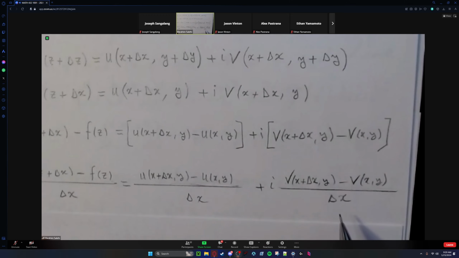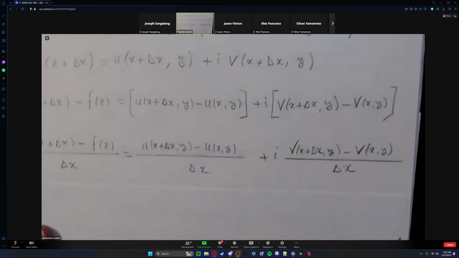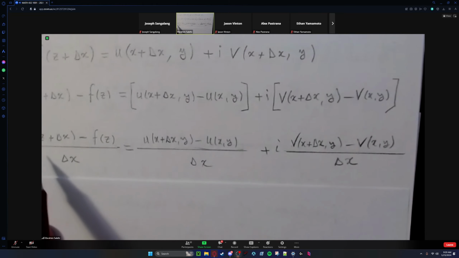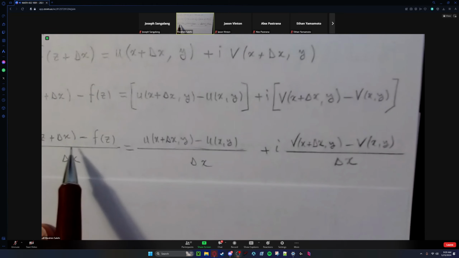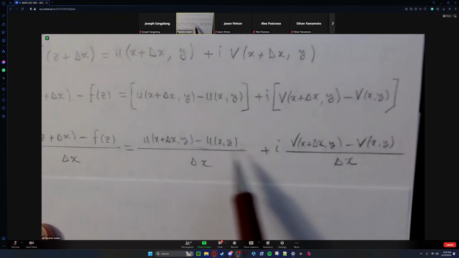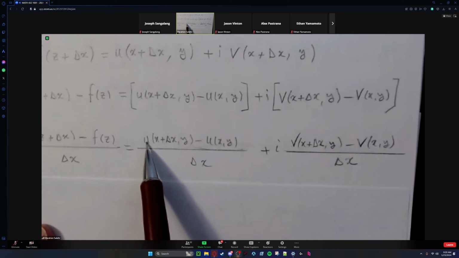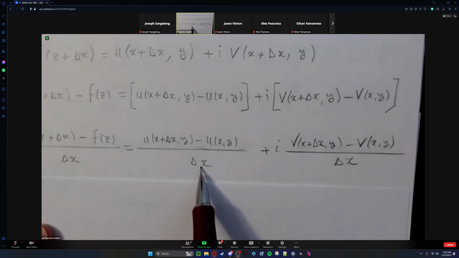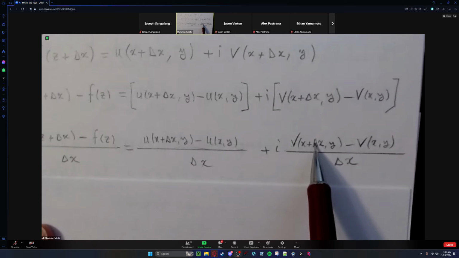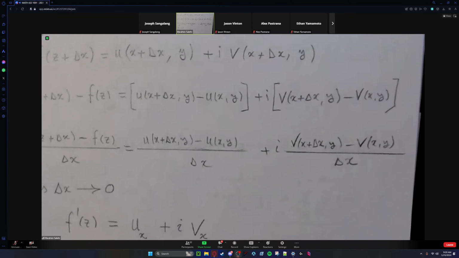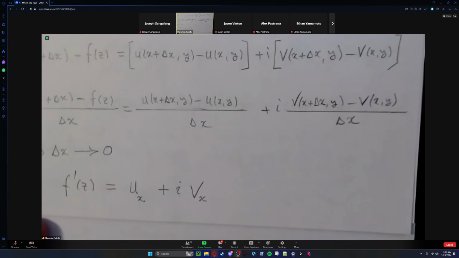So, since the derivative exists, I know that the limit here will be f prime of z. On the right-hand side, though, I will have the partial derivative of u with respect to x plus i times the partial derivative of v with respect to x.